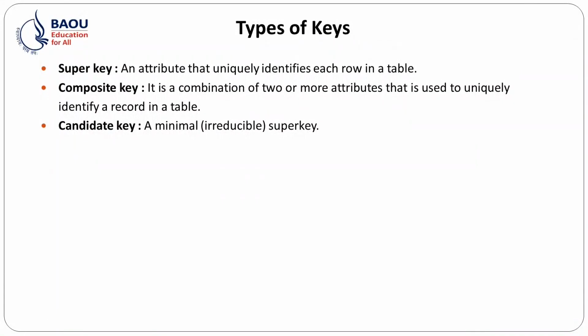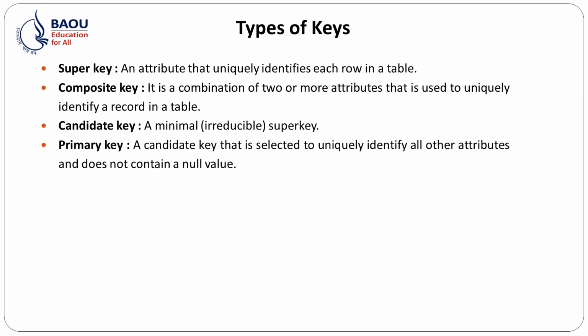So individually it is called a candidate key. From roll number or phone number, any one attribute is enough to identify the unique records. So only one of them is selected as a candidate key, not both, only a single attribute.